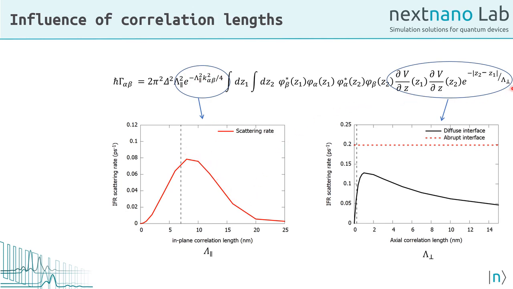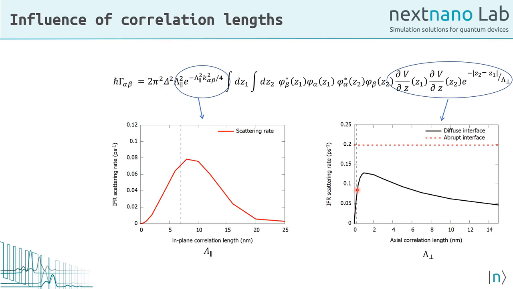And here we have a new term due to the axial correlation length. In fact, this term gives such a dependence where at very small axial correlation length, it goes to 0, because it means that the contributions of the different isoconcentration surfaces tend to cancel.